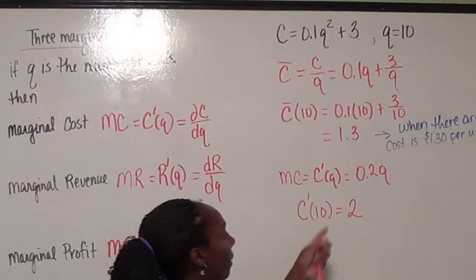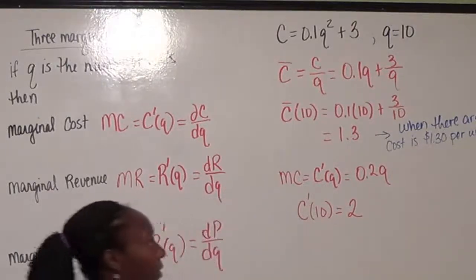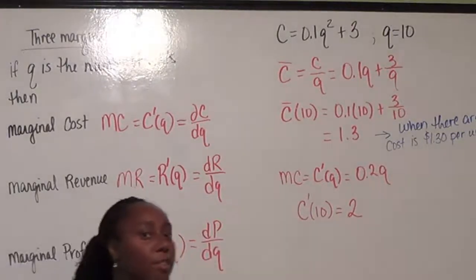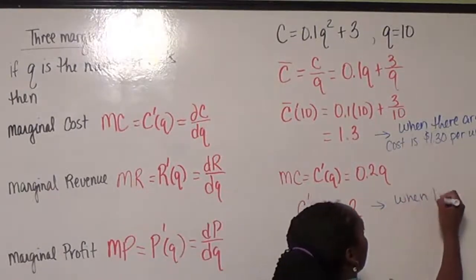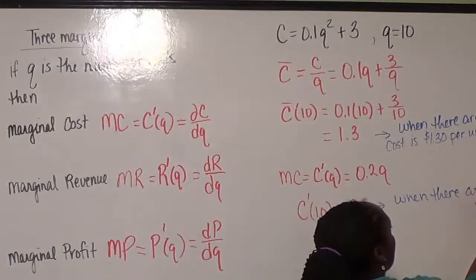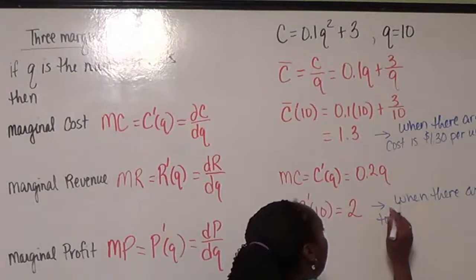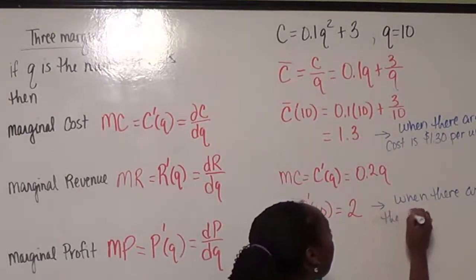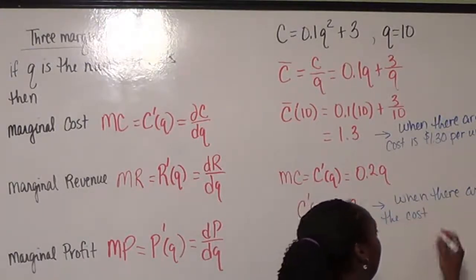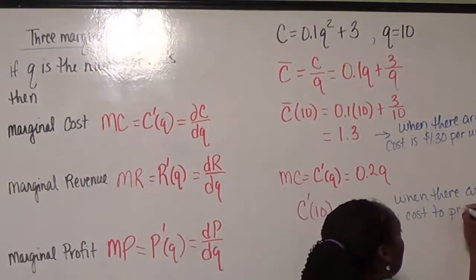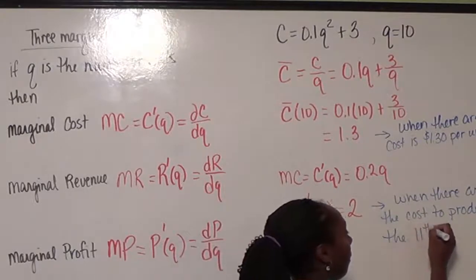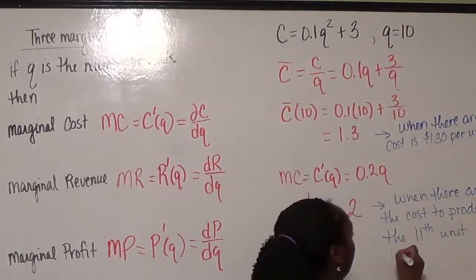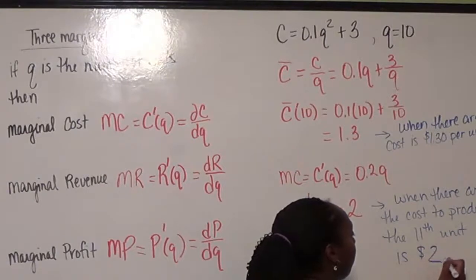Okay. The marginal cost, as we've said, tells us the cost for an additional unit. So this says that when there are 10 units, the cost to produce the 11th unit is $2.